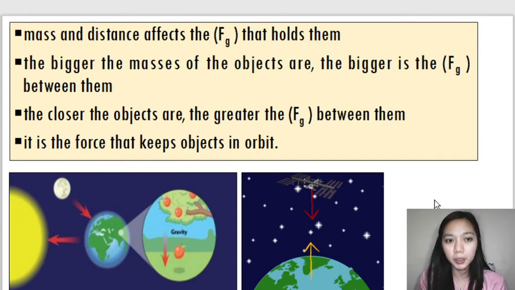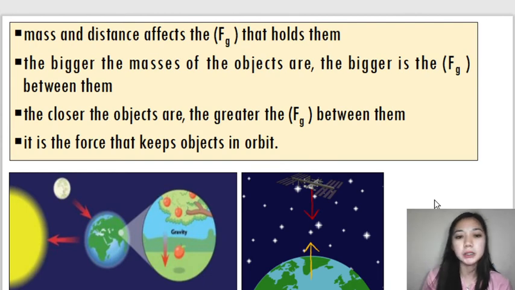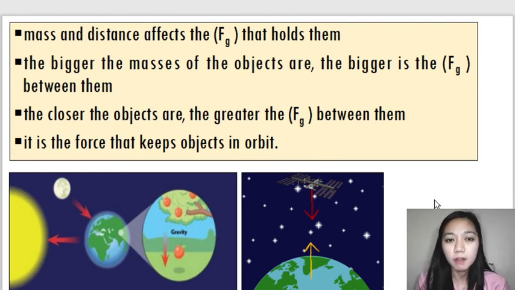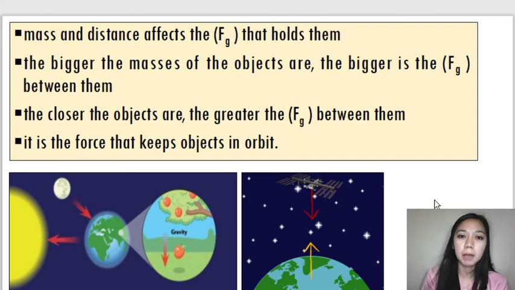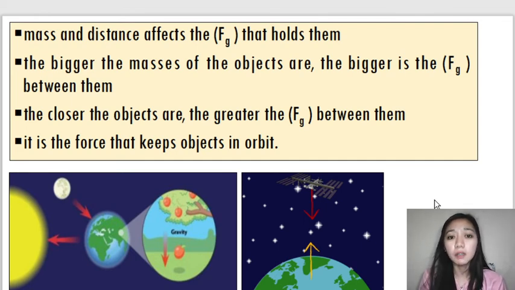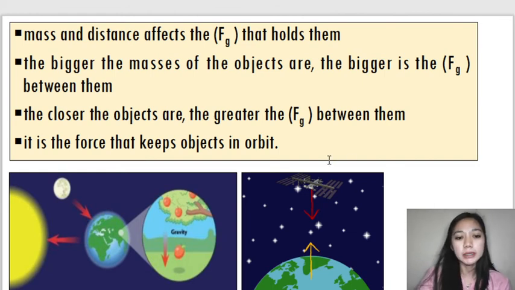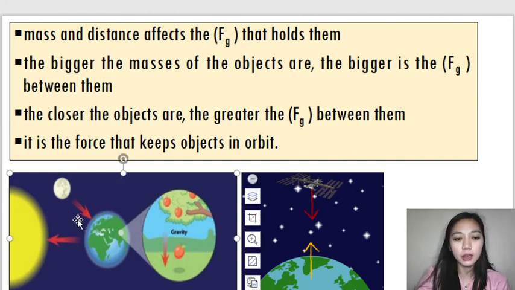And remember, gravity is the force that keeps objects in orbit. For example, in our solar system, the gravitational pull of the sun sa mga planeta ang reason bakit nagro-rotate o nagre-revolve yung mga planets around the sun. Dito naman sa case natin, we have the sun, the earth, and the moon. The earth is attracted to the gravitational pull of the sun.